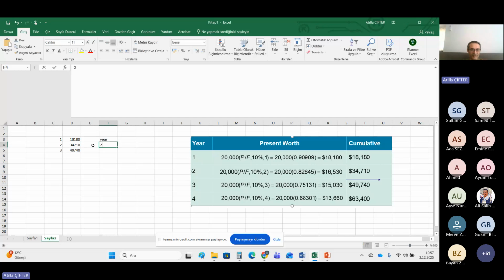And then you try to find $40,000, okay? The difference between the second and third year is equal to 15,000. What you look for is $40,000, because your investment, let's write it.